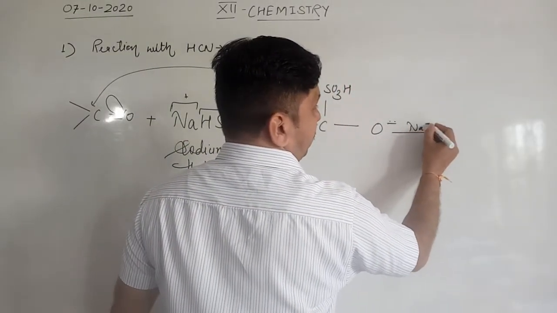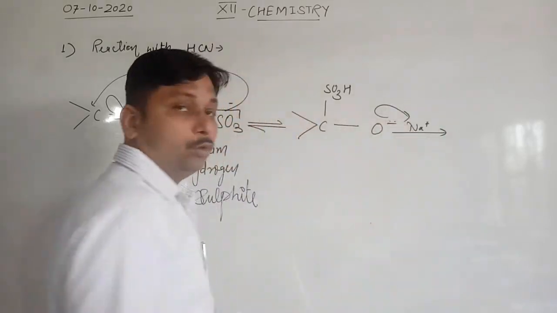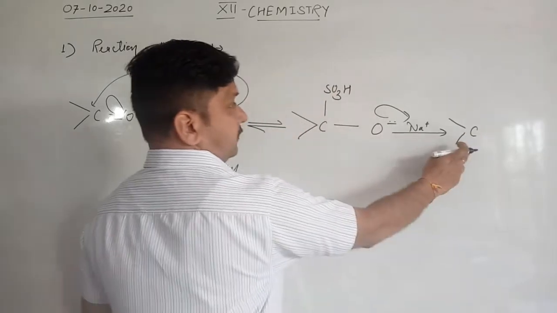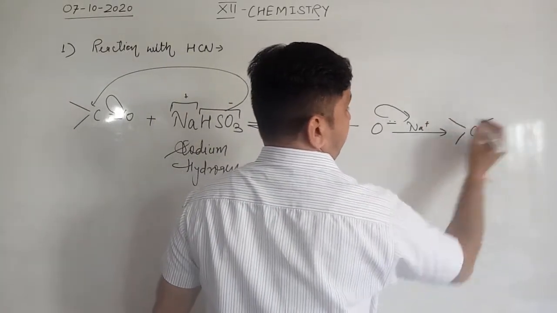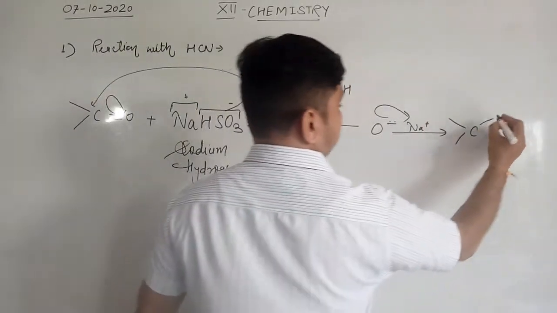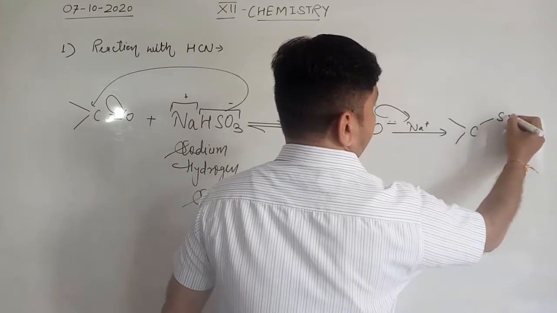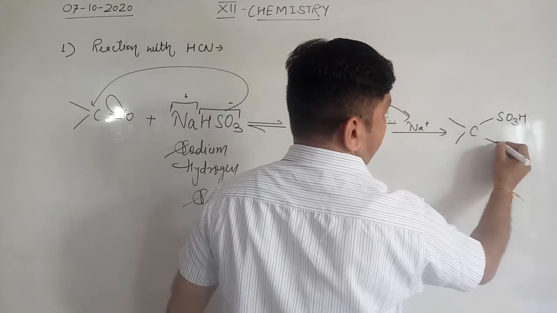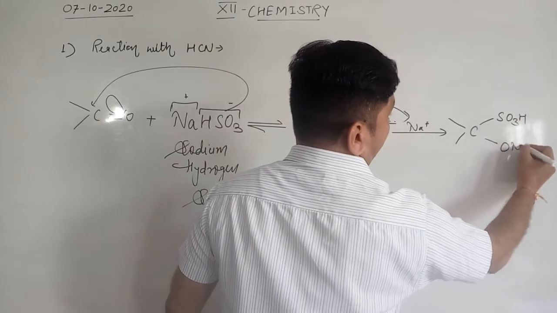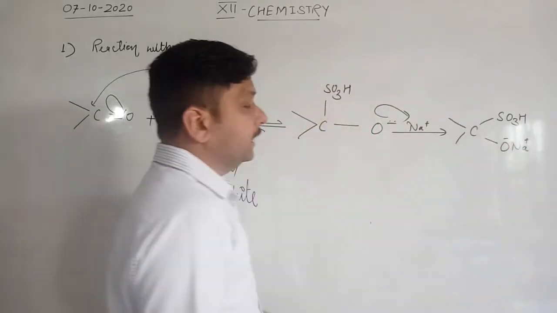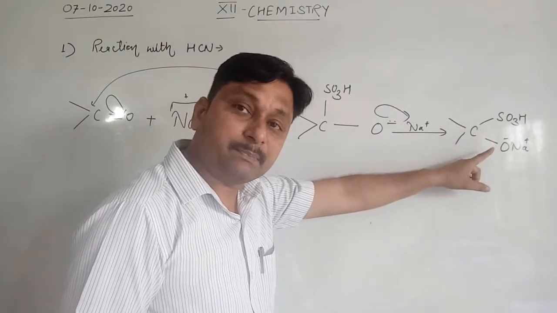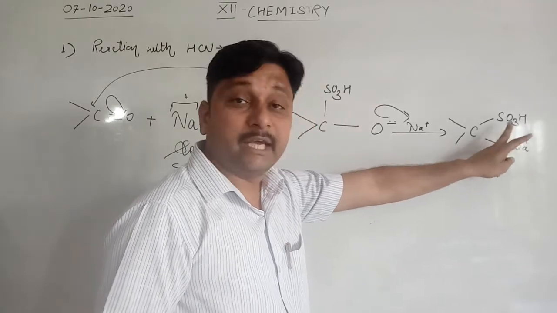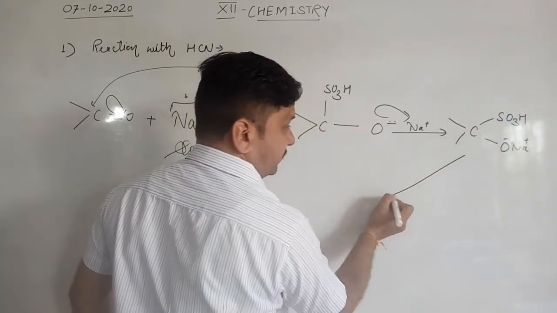And Na now will be added with O negative and it converts into C with SO3H and ONa. And now the proton transfer will take place, and H will go with the oxygen atom and sodium will go with SO3, and there is a proton transfer.